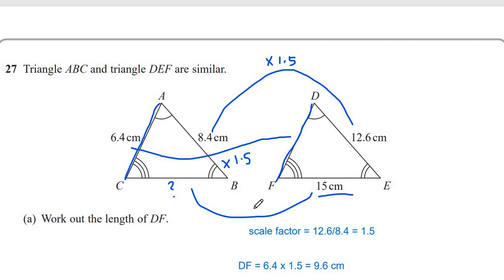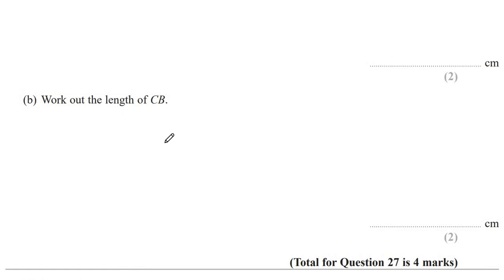So this time we need to divide by the scale factor. We need to divide by 1.5 to get to CB. So CB will be 15 divided by 1.5, and that will give you 10.